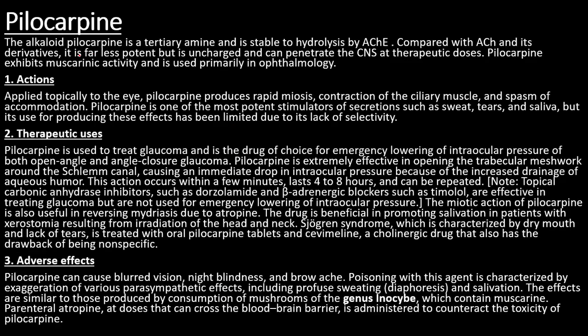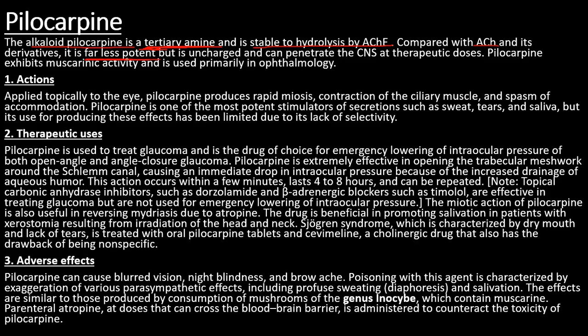Now, pilocarpine. The alkaloid pilocarpine is a tertiary amine. Okay. So if it is a tertiary amine, it can cross the blood-brain barrier, and it is stable to hydrolysis by acetylcholinesterase. Now, compared with acetylcholine, which is a quaternary amine, and its derivatives, it is far less potent.